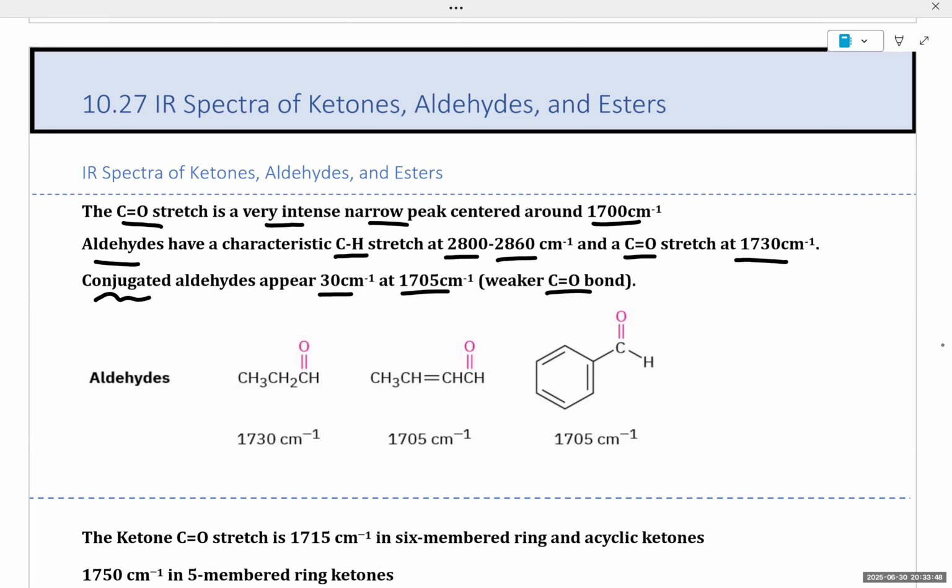So for aldehydes, you can use both the CO stretch, which is around 1730 if it's non-conjugated and 1700 if it's conjugated, and you can check for the CH stretch at around 2800 centimeters inverse.